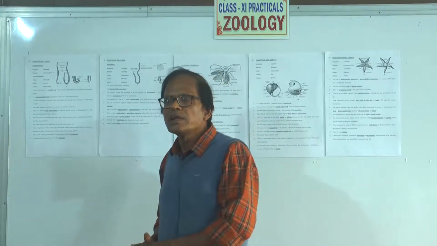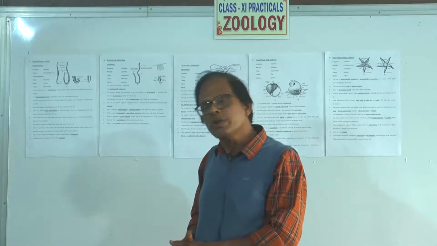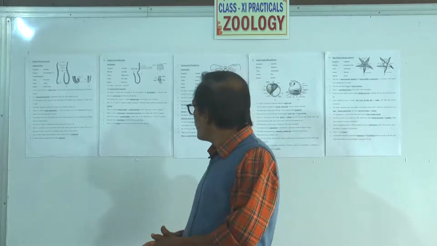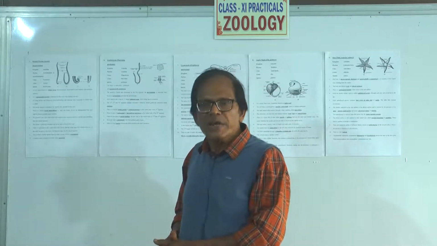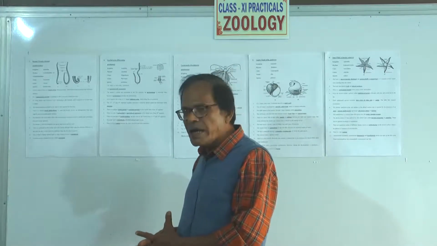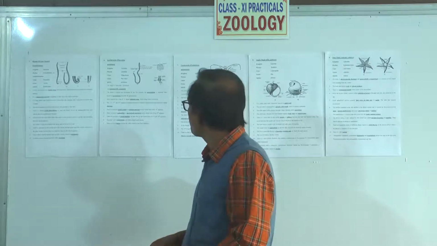So remember, the oviductal aperture is a singular opening present on the median line of the 14th segment, while the male genital apertures are paired apertures present bilaterally in segment 18.